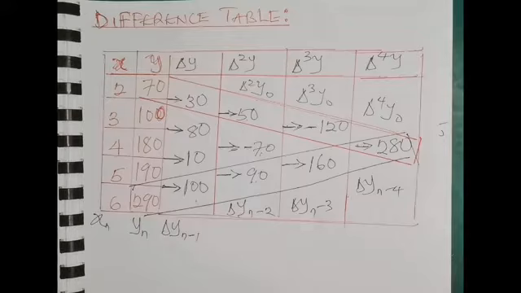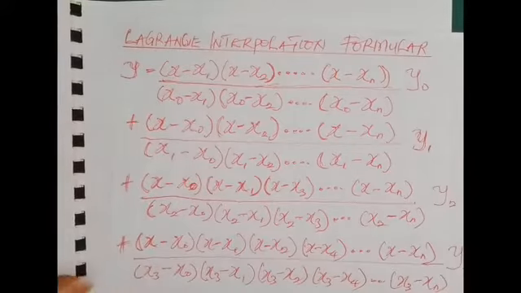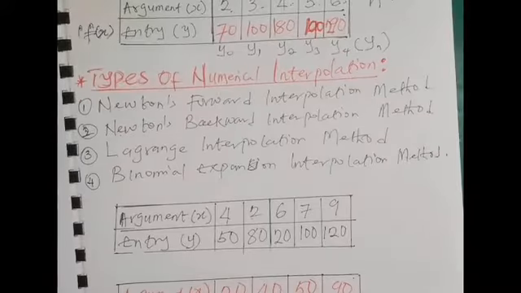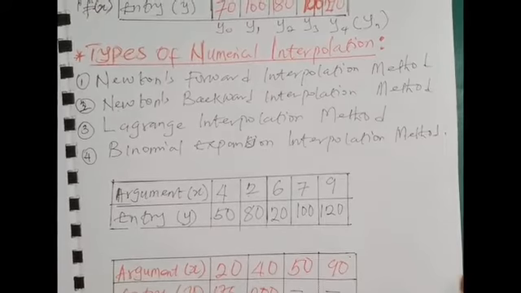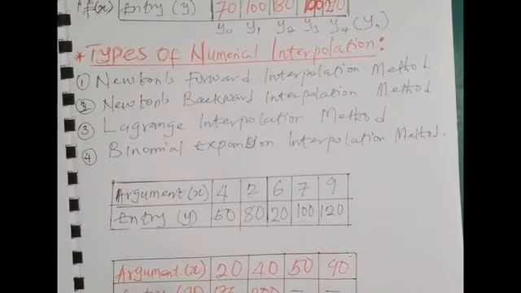Now let's take a look at the formula of the Lagrange interpolation method. Remember I said that before you can make use of the Lagrange interpolation method, the interval must be jumping, so we are going to be considering this table.